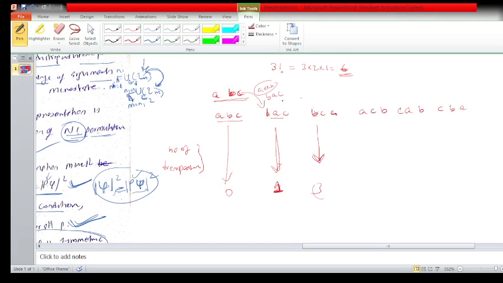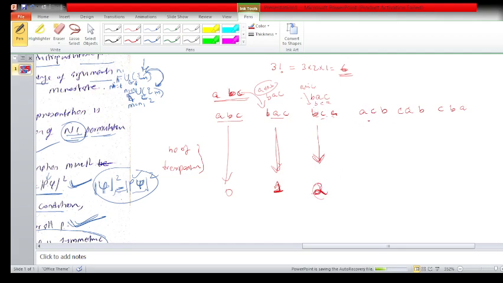But in this case, when you consider ABC, to get BCA, first you have to consider A to B. A to B means first we will get B, and this B will become A and C. Then the second one, we had to interchange C and A. So the second one is C to A, right? Then you will be getting BCA. So two transpositions are there, okay?